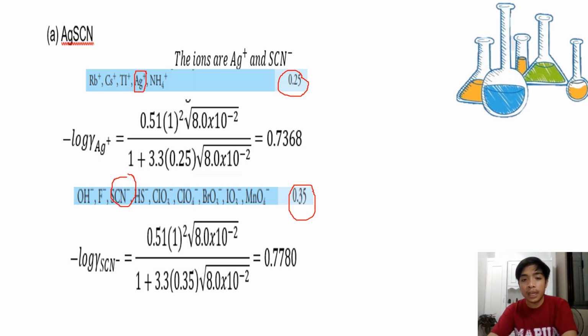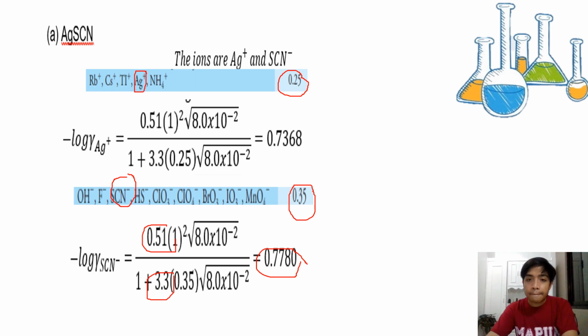Again, we will obtain 0.7780 as the activity coefficient of the silver thiocyanate. By the way, 0.51 and 3.3 are constant values.